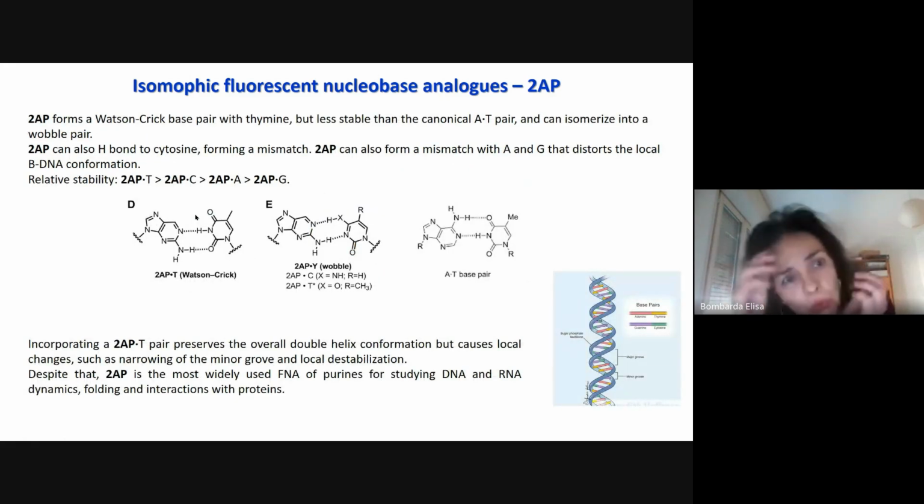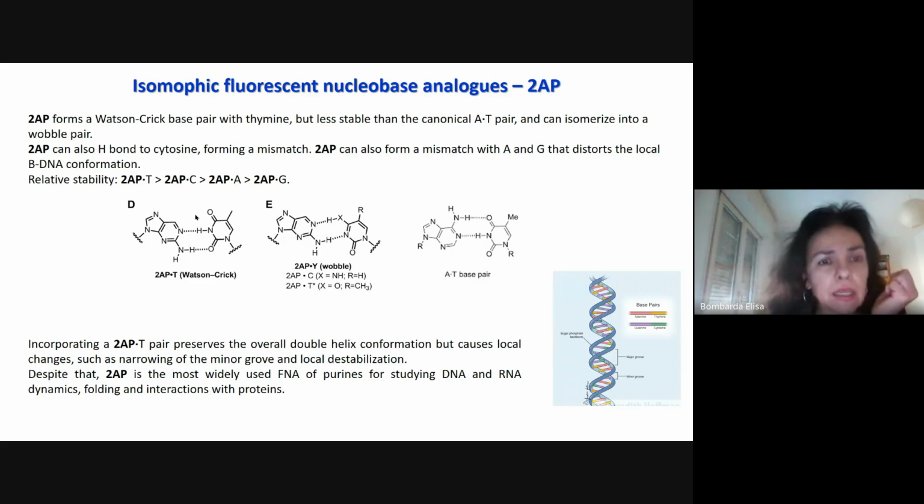And so actually it may form the Watson-Crick base pair with thymine, so that means that the duplex can be formed, but the AT pair is less stable than the canonical one, and it can also isomerize in some wobble pair. So here you see there is a sort of rotation, so it's not the same groups that are involved. The two hydrogen bonds are not formed between the same groups.